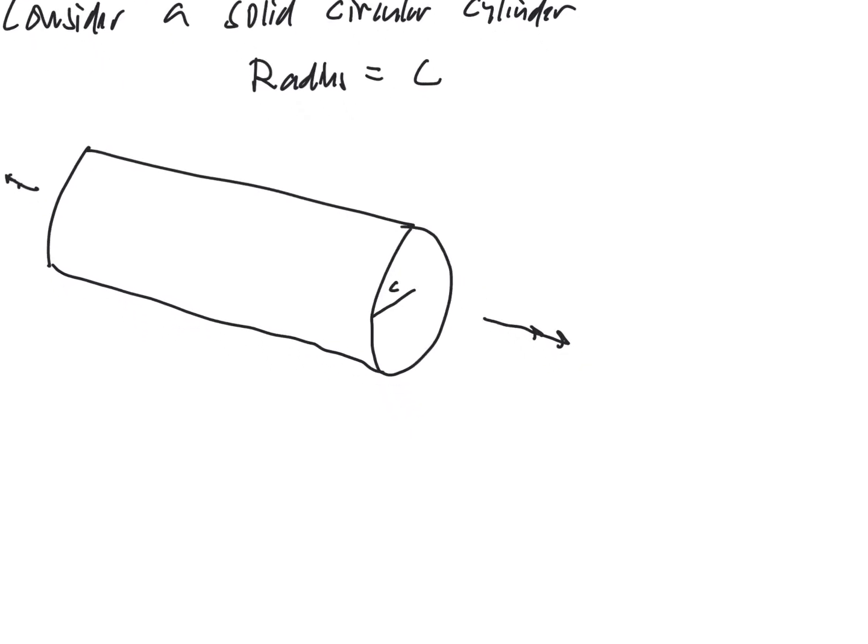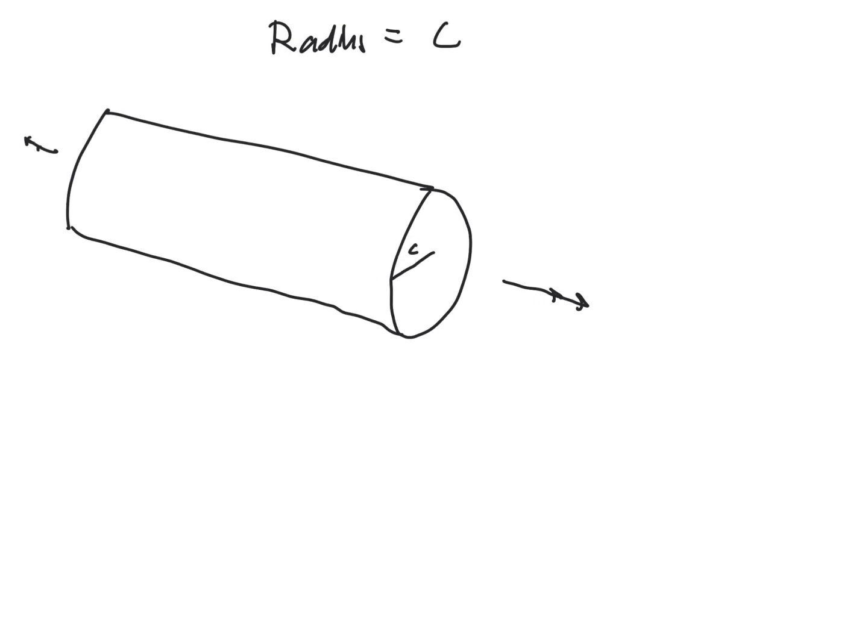Now what we want to do is list a number of kinematic assumptions that we're going to make. So we say our kinematic assumptions. And remember, anytime that we use the word kinematic, we're asking, how does it deform? How does it move?